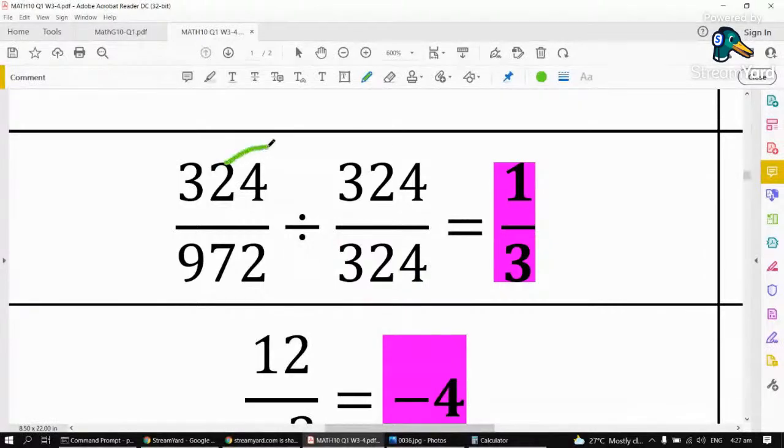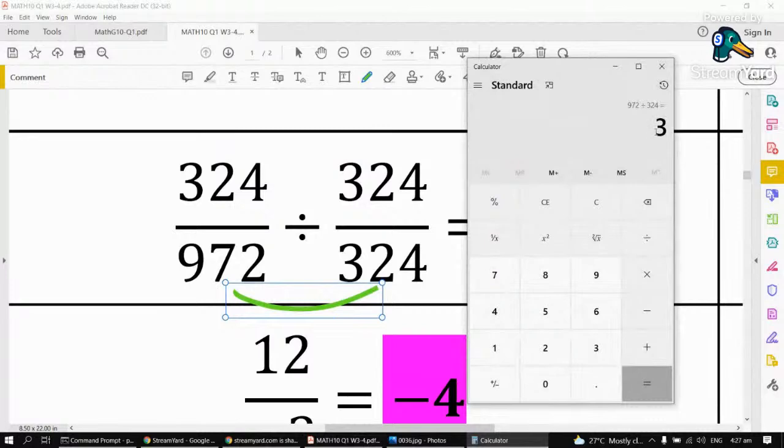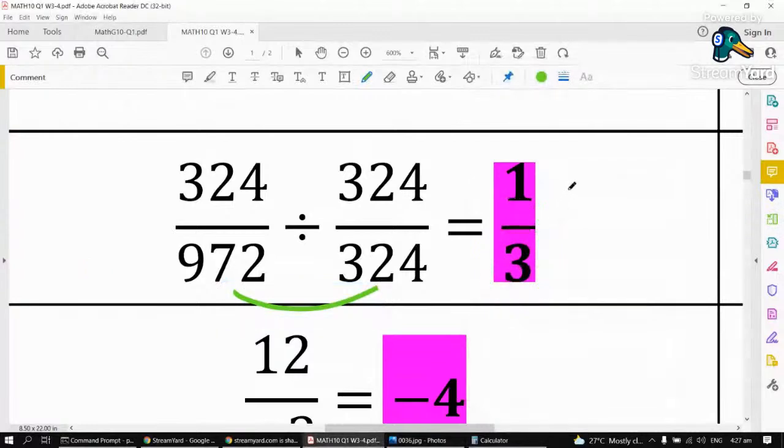So, 324 divided by 324, that is equal to 1. And 972 divided by 324 is 3. Kagaya ng kinumpit natin kanina, no? So, ang ating common ratio is 1 over 3.